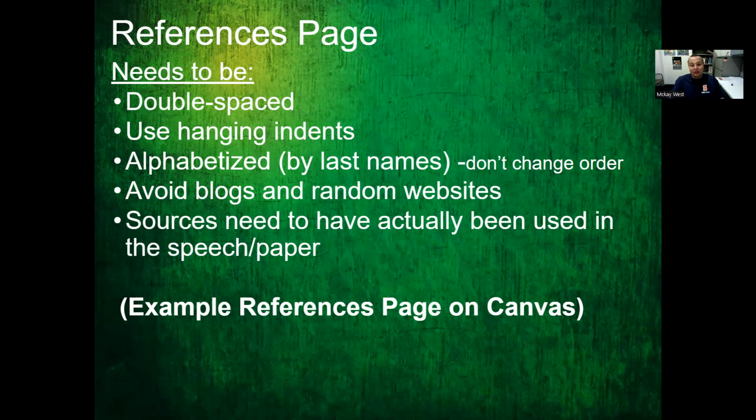We wouldn't want to give all this information every single time we said it in our paper, because then our paper becomes 100 pages long pretty quick. One time at the end is where we put all of the information. In-text citations, however, are simply last name, comma, year, and they tell us where in the references page to look.